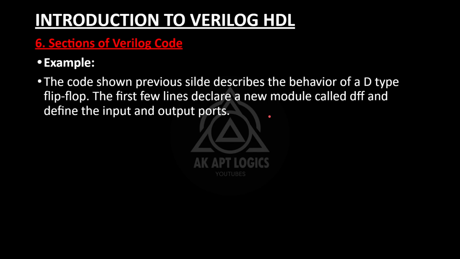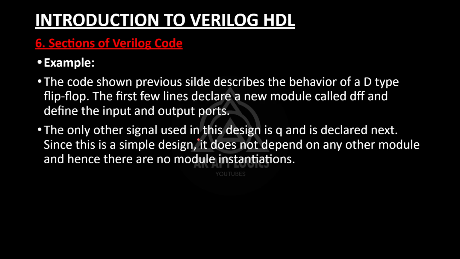The portion previously described the behavior of the D-type flip-flop. The first few lines declare a new module called D flip-flop and define the input and output ports. The only other signal used in the design is Q, and it is declared next. Since this is simple code, it does not depend on any other modules.